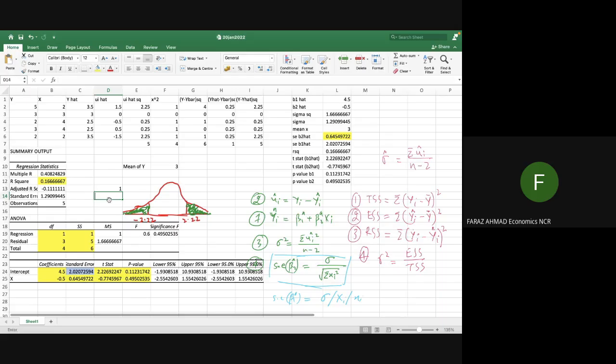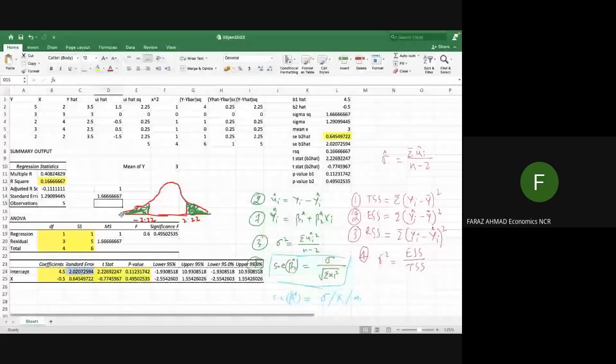And similarly, the sum of squares RSS, which is 5, divided by the degrees of freedom of the RSS, which is 3. And when we do it, we get 1.66. So this 1 and 1.66 is just the mean sum of squares of ESS and RSS. So I'll make it yellow.